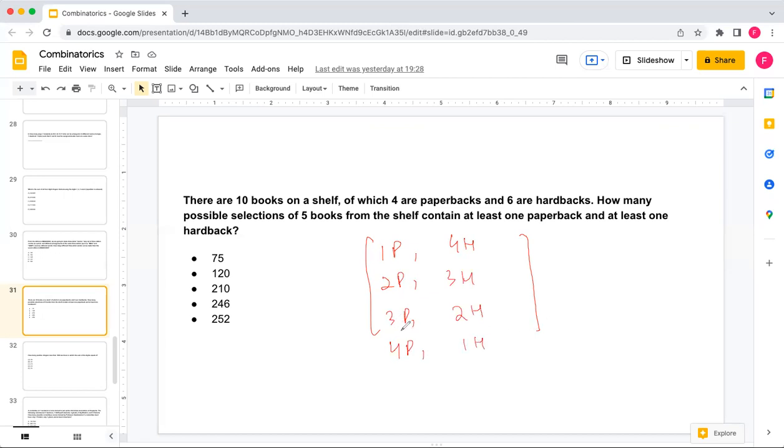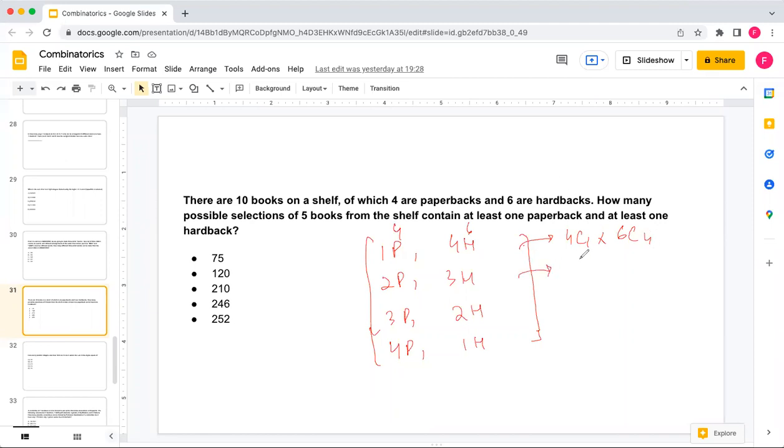So there are only these 4 scenarios. I need to pick 1 out of total 4, so this will be 4C1 into 6C4, because total paperbacks are 4 and total hardbacks are 6. The order doesn't matter here.